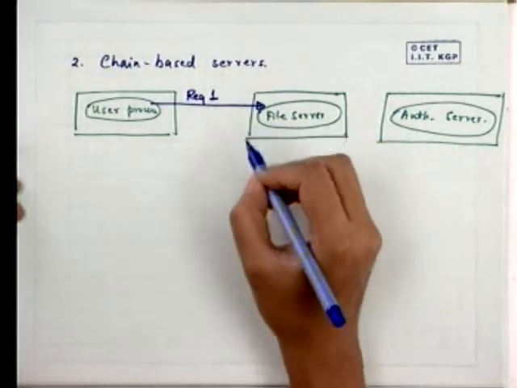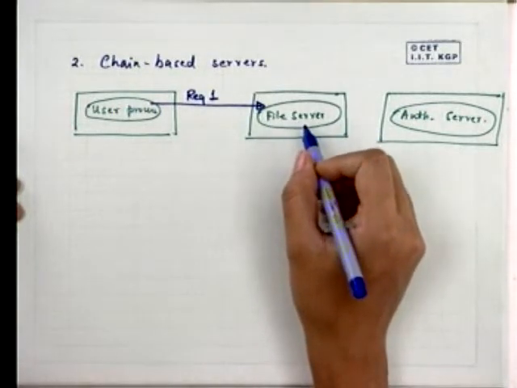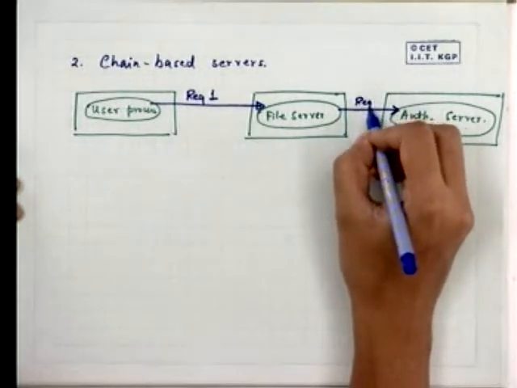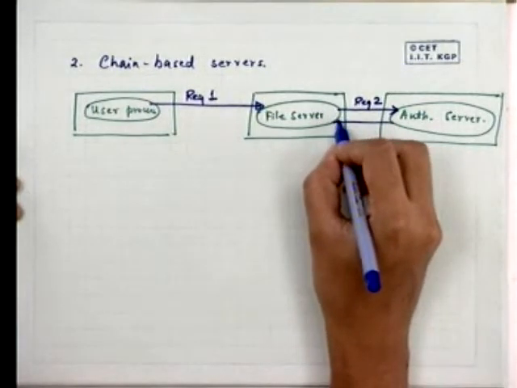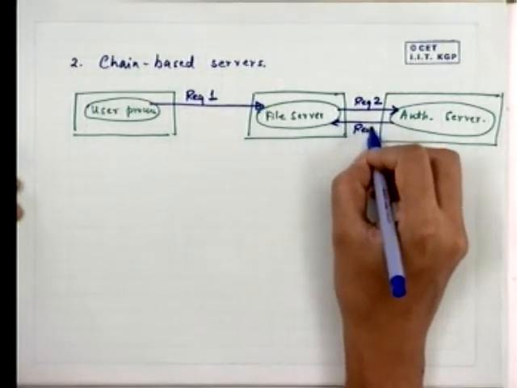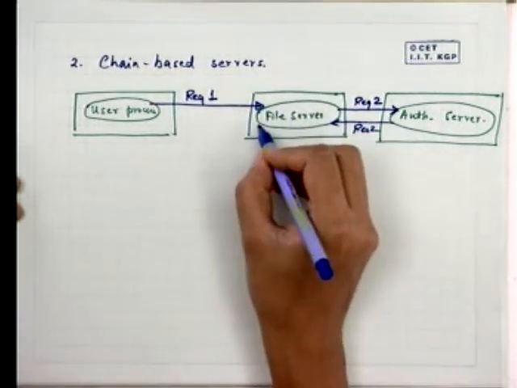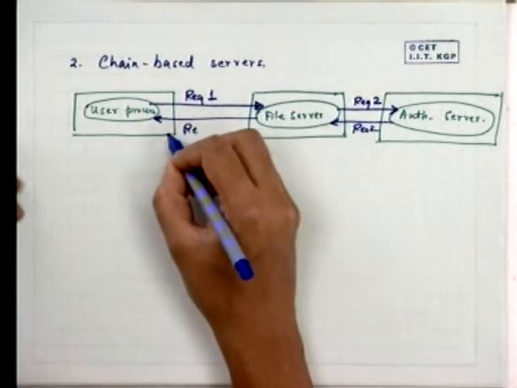This is a request for a file. In order to handle this request, this server computer wants to know whether this particular user is authorized to read that file. So it sends another request, request 2, to the authentication server. The authentication server responds with response 2. And the file server, on getting that response, carries out the service and sends a response back to the first computer.